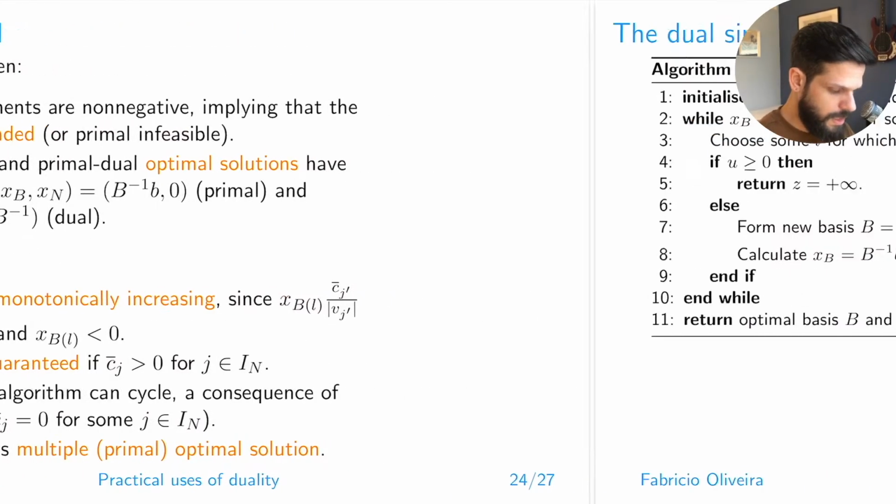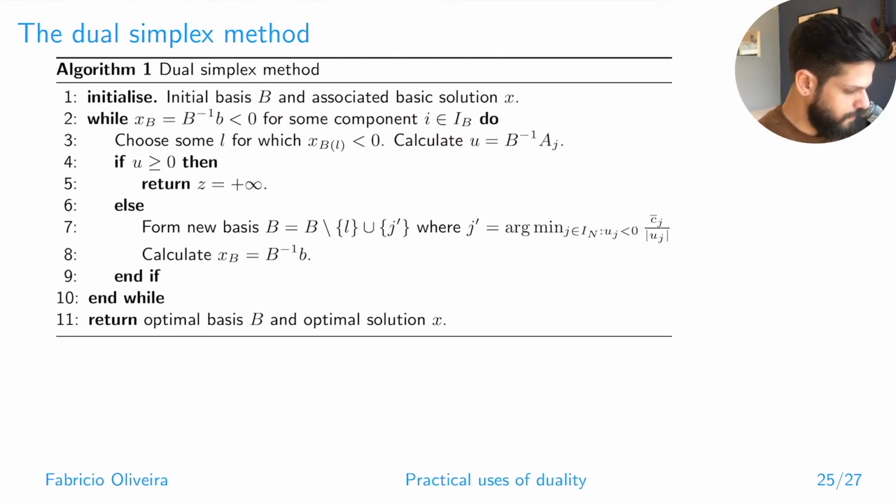So here is a summary of the dual simplex method. I'm cheating a little here. It's exactly like the primal simplex method. The only difference really is the way you choose your basic variable to leave and your non-basic variable to become basic.